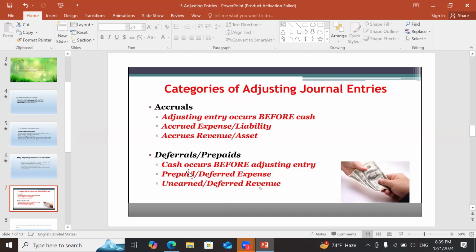And for prepaid, cash occurred before adjusting entries. Prepaid is a deferred expense. Unearned is deferred revenue. The service is not yet rendered, but you take the money in advance. Revenue will be done later or next. This is the unearned. Unearned is always a liability.